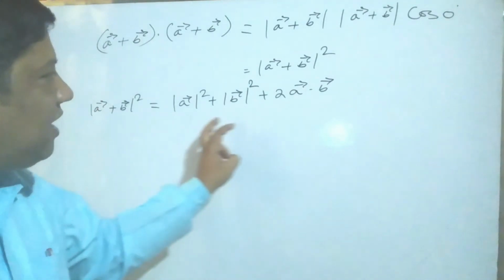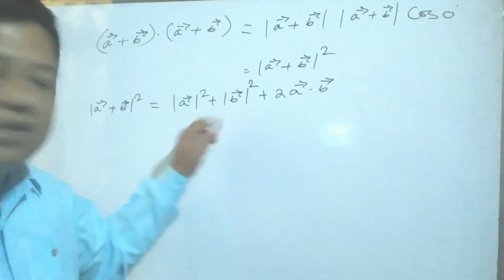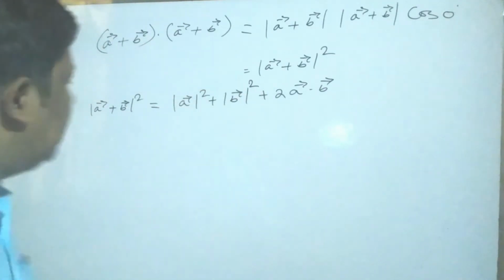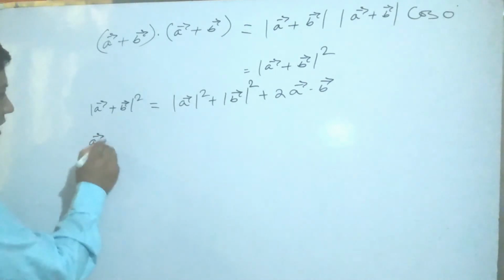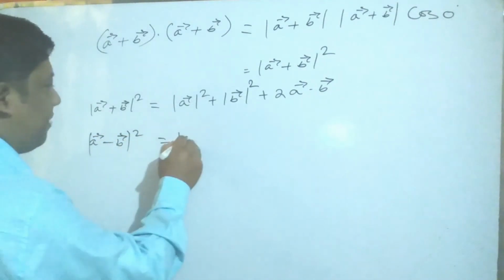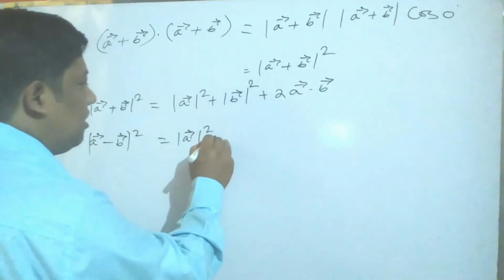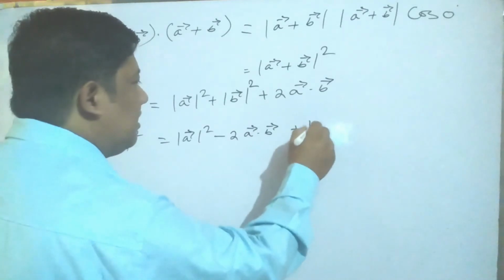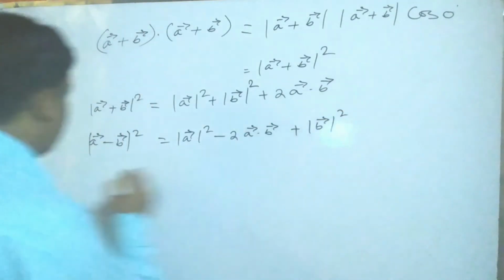If two vectors are multiplying in any identity, you can use this. Suppose a minus b whole square; then you write mod of a square minus 2a dot b plus mod of b square.